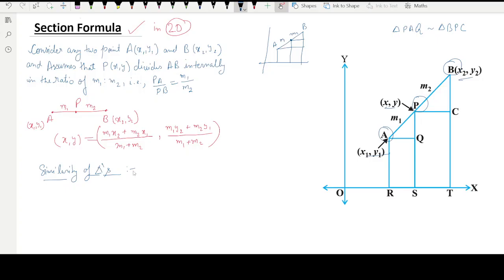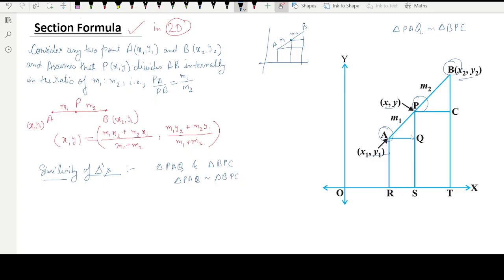Now in this diagram we have two triangles. Consider PAQ and BPC. They both are similar to each other.